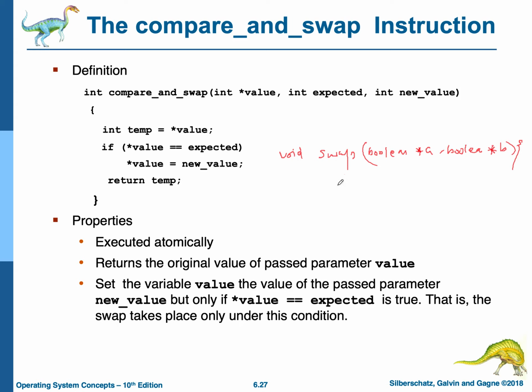And boolean temp takes the value of pointer A, right? It points to A, and A is replaced with the value of B, right? Now B, this is actually an asterisk, okay. Now B is equal to the value of 10. So this operation is performed atomically.